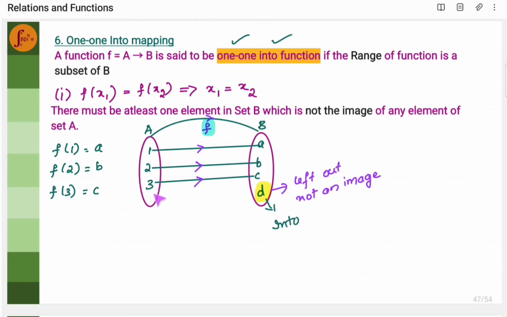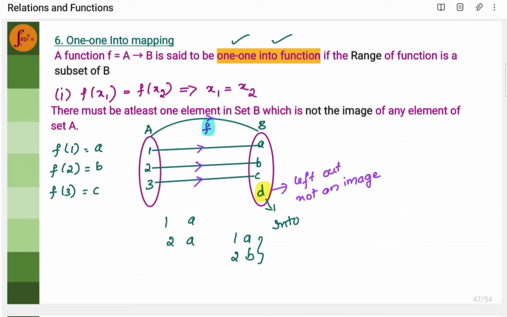Every element in set A is mapped to a different element in B. It's not like you have 1 to A and 2 to A. You have 1 to A, 2 to B. So every element in set A has a different mapping in set B. In this function, there is one condition, that f of x1 is equal to f of x2, which means x1 is equal to x2.